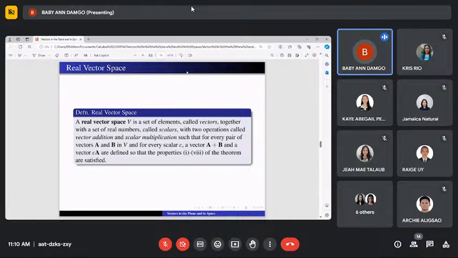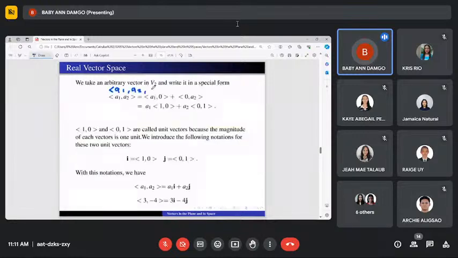So now, we take an arbitrary dimensional vector space. That is why earlier we had x and y. But if it is V3, the given is a sub 1, a sub 2, a sub 3. So it is similar to the xyz plane. Okay? So from here, we write it like this, in which it equals a sub 1, a sub 2. From this one, we factor out the a sub 1, so we have 1, 0.